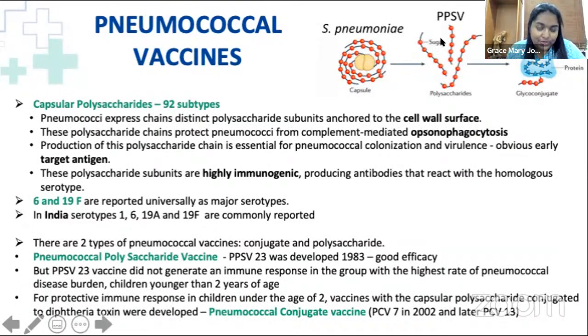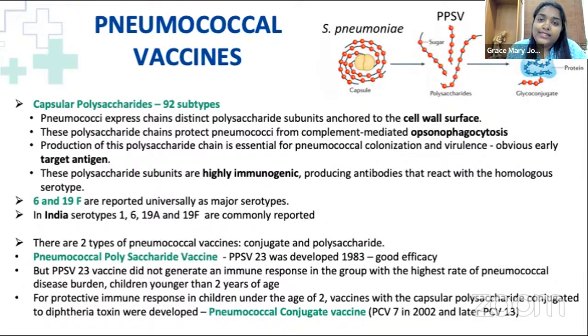So to give it more antigenic properties so that our immune systems are hyped up, we conjugated it with the diphtheria toxin. The conjugate of the diphtheria toxin and some of the polysaccharide is the PCV. Initially PCV7 was introduced in 2002, and later PCV13 was introduced.